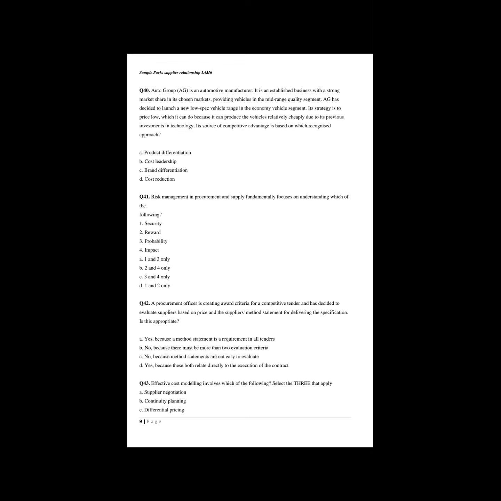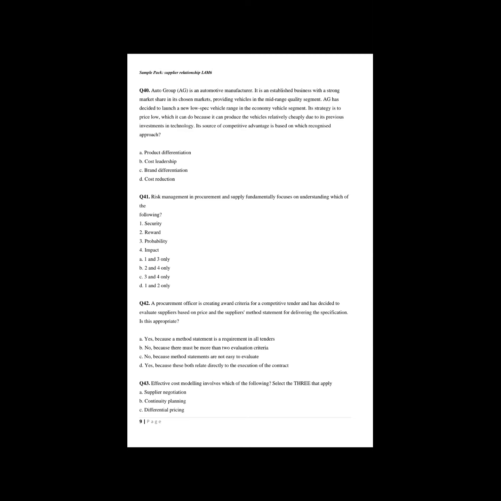Please read the question again. A procurement officer is creating award criteria for a competitive tender and has decided to evaluate suppliers based on price and the supplier's method statement for delivering the specification. Is this appropriate?